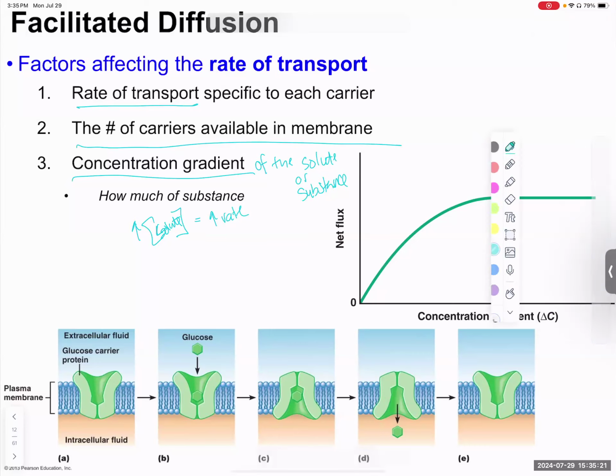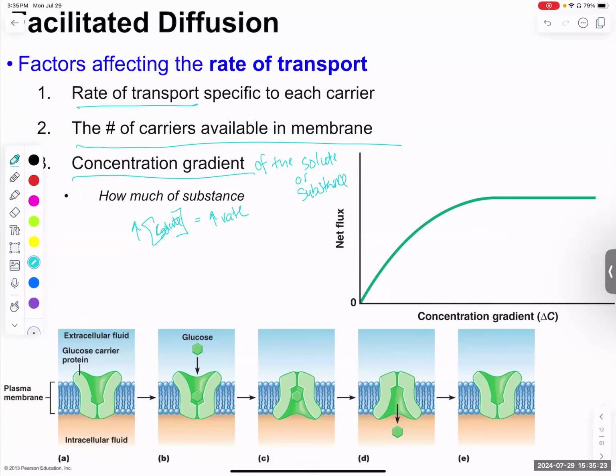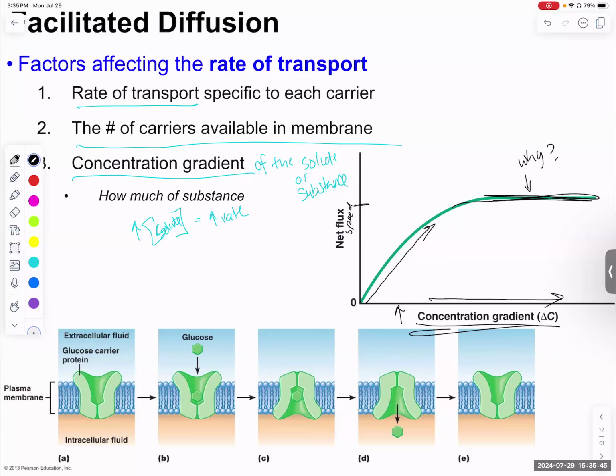Now, you see in this graph here, it plateaus. So this is the concentration gradient. As the concentration gradient goes up, the speed increases, right? Because net flux is really speed. But it plateaus here. It means it gets to this speed, and that is it. That's as fast as it's going to go. Why does it plateau?